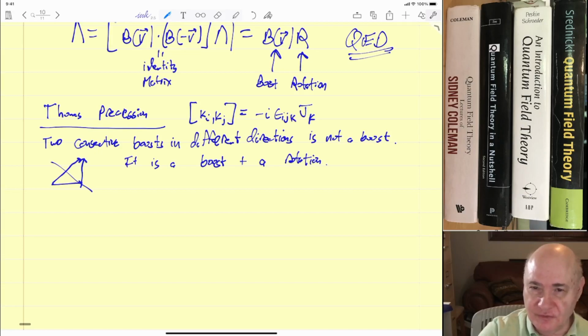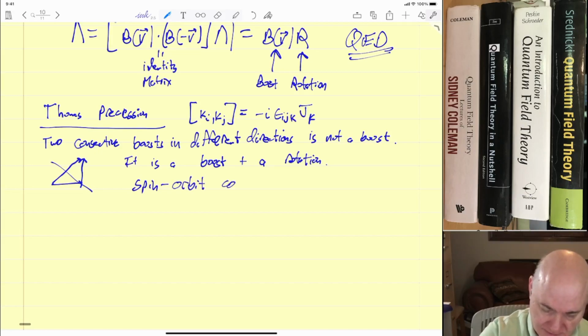But if you're going to just use the Schrodinger equation and perturbation theory, and put in some things by hand like spin-orbit coupling, this is where it's most useful. Then you need to take into account that two boosts in different directions lead to a rotation.